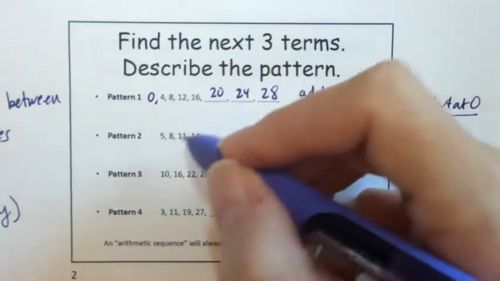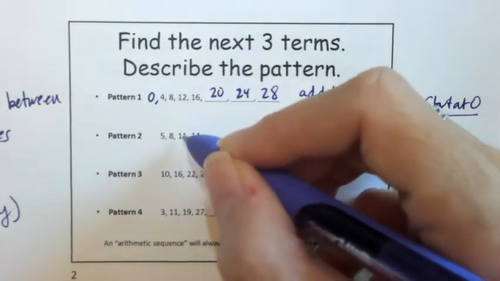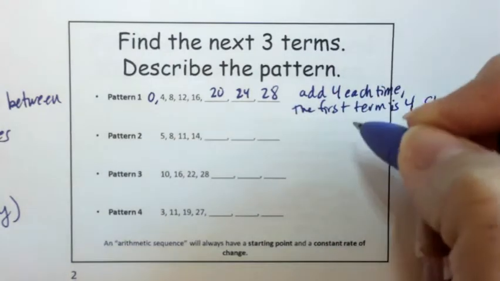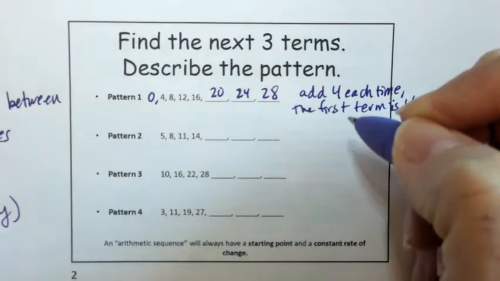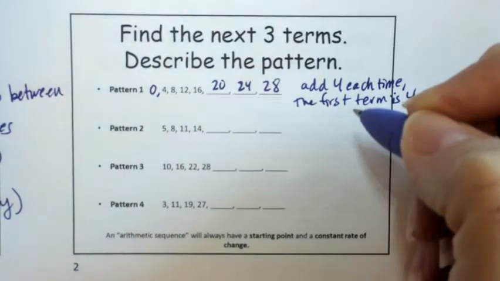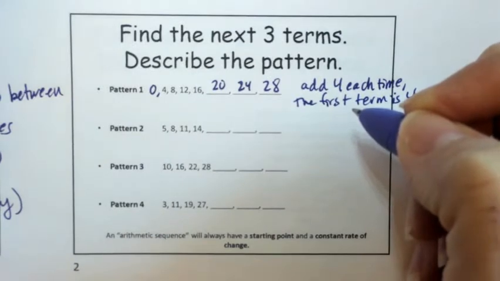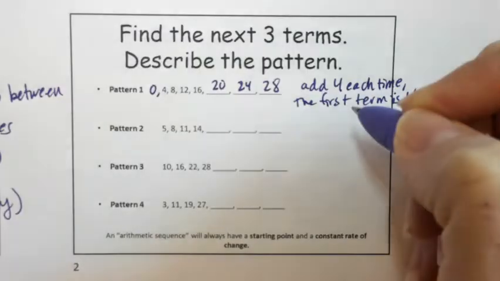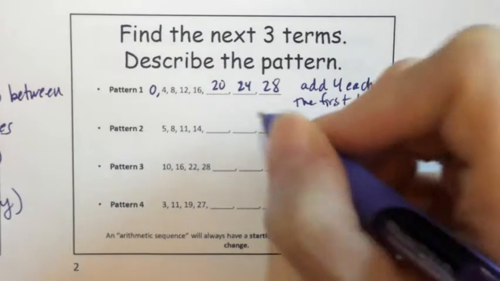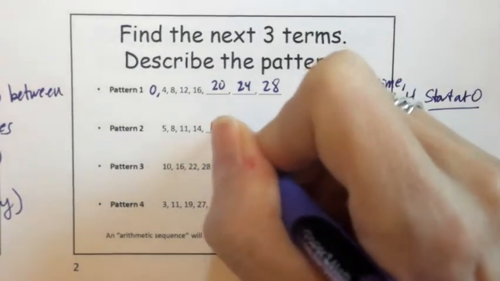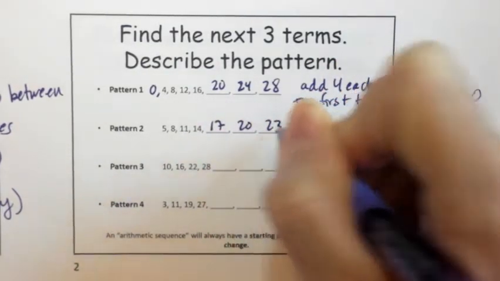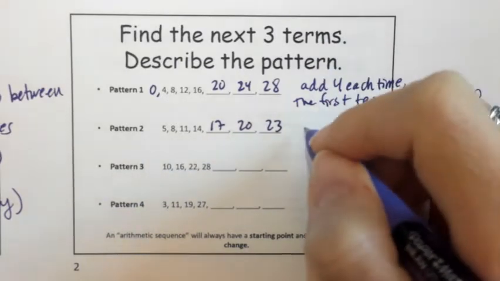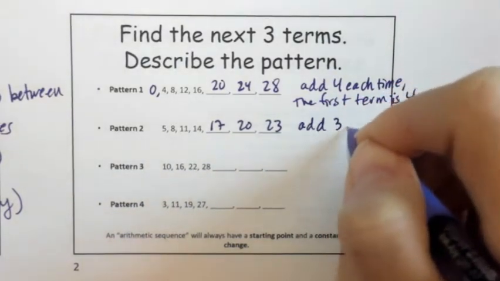Okay, let's talk about the next one. 5, 8, 11, 14. What's happening every time? Okay, so we are doing 17, 20, 23. What do we have every time? We're going to add 3 each time.